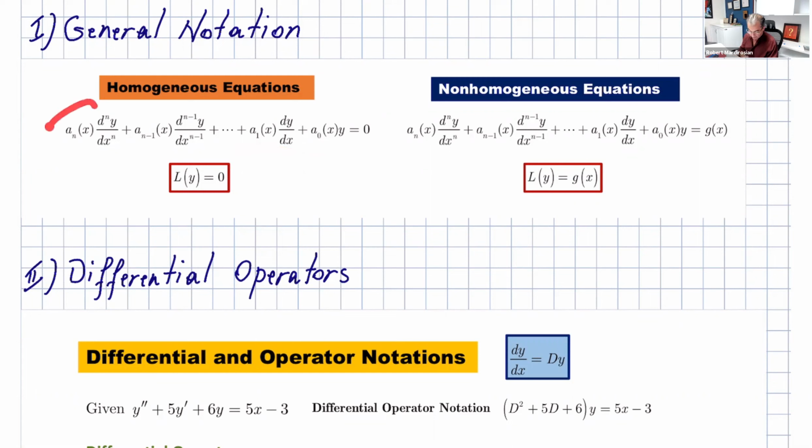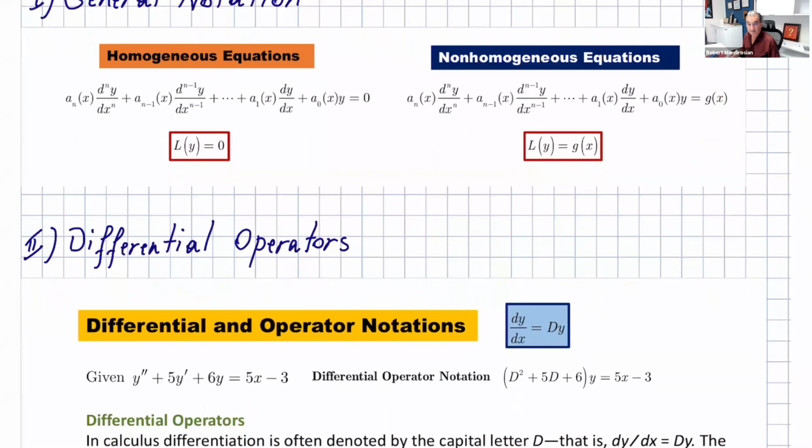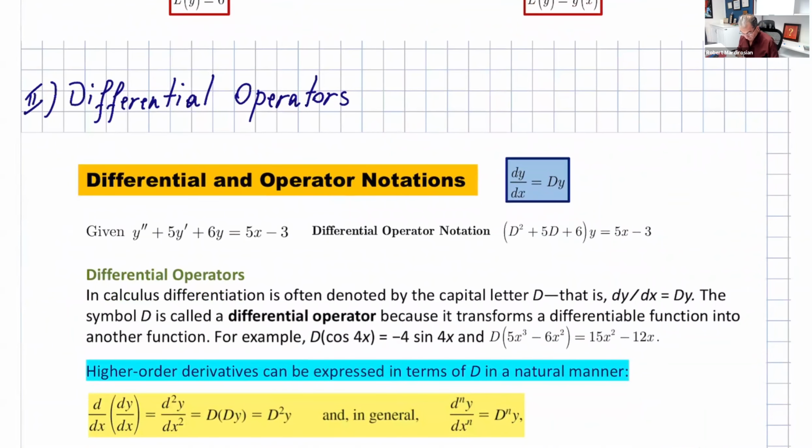Now this part here, we can call L of y equals 0. So this is homogeneous because it equals 0. And same thing when it equals a function, you can write this as L of y equals g of x. And I am going to talk about this. So now we know the difference between homogeneous and non-homogeneous equations.